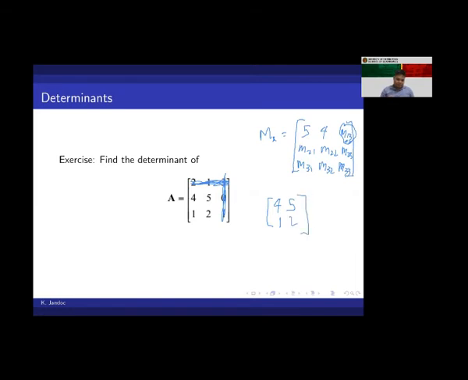Getting the determinant of this matrix, you simply have 4 times 2, the product of this one, minus 5 times 1, which is this one. So this is 8 minus 5, which is equal to 3.